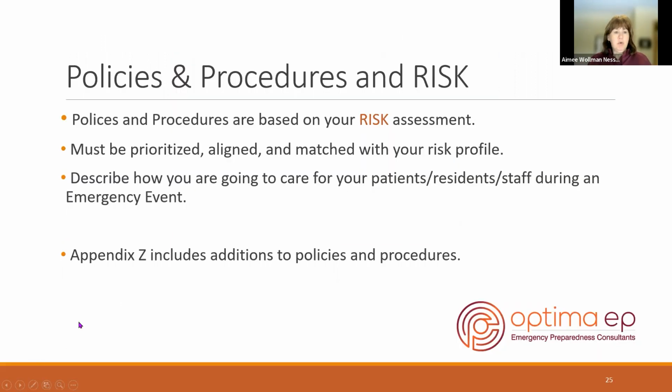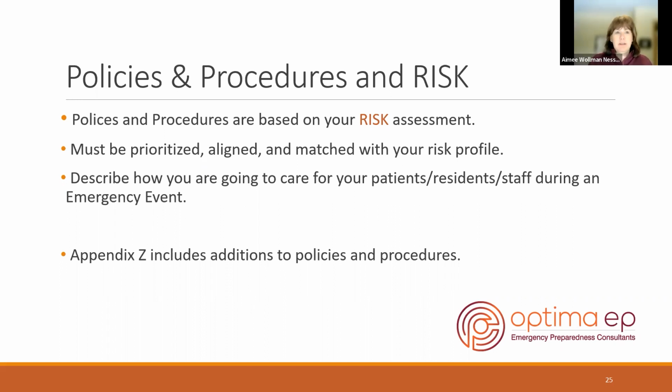Okay. So again, a really important message in Appendix Z is that your policies and procedures have to be tied directly to your risk assessment. If your top hazard is extreme cold or extreme heat that could potentially result in sheltering in place or evacuation, then you must have a policy and procedure that talks to evacuation and sheltering in place.